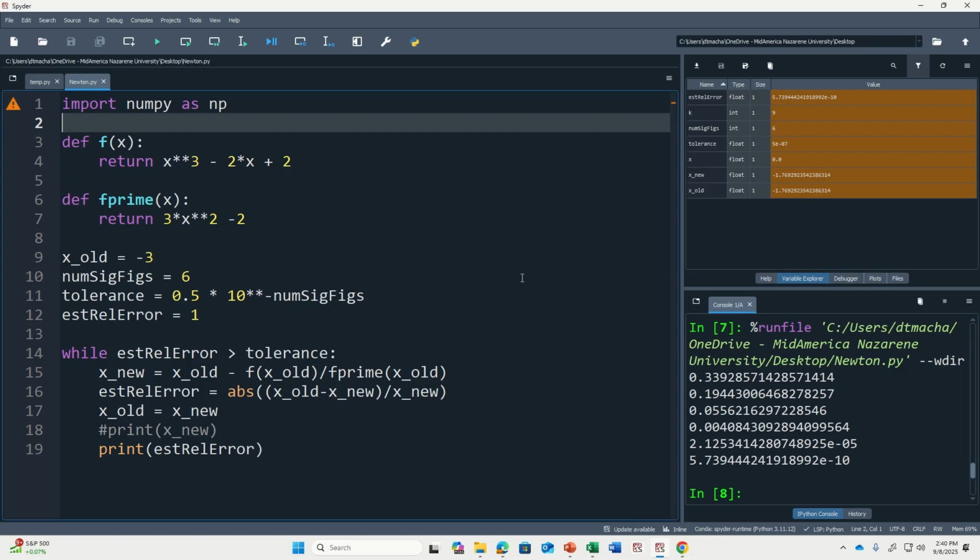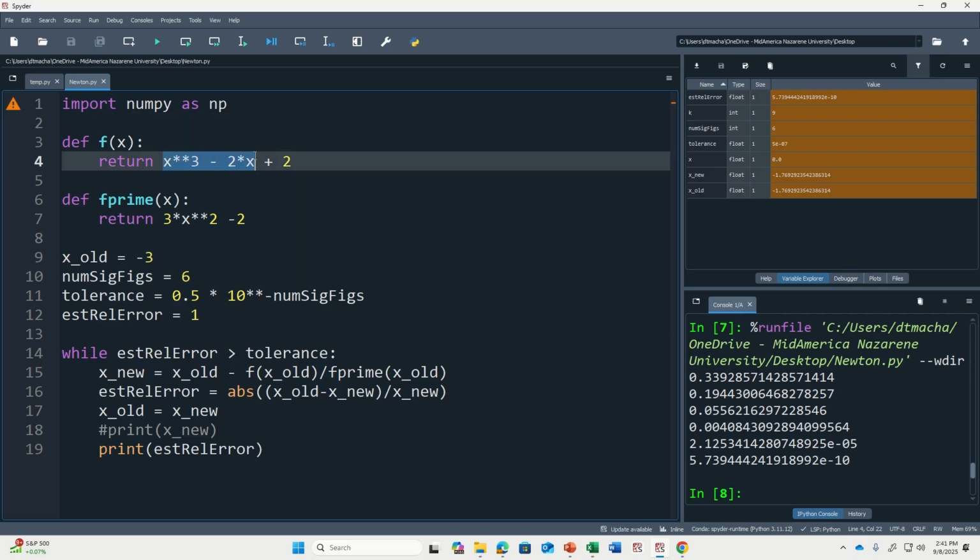We talked about this a little bit last time too, is that I wrote this function in not the most flop efficient way I could have possibly written it, because I'm multiplying 2 times x and x times x times x.